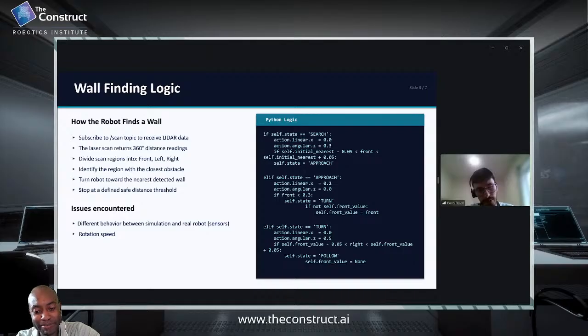And the second issue is the rotation speed, because if the rotation speed is too high, we may not enter the last condition in the turn else, if you can see it, where the right value is between self front value minus 0.5 and self front value plus 0.5.